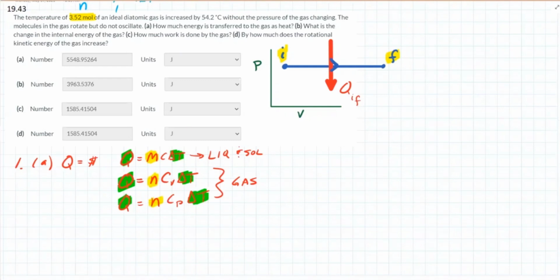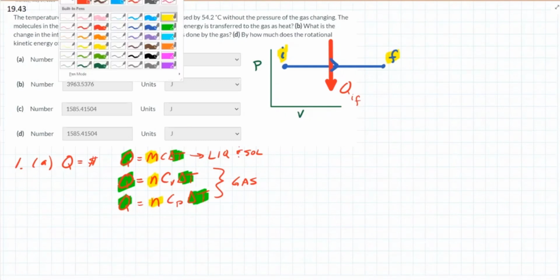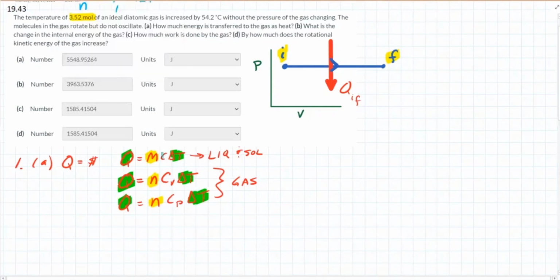And then in Q equals MC delta T, this C referred to temperature stubbornness, specific heat capacity. This was the lab you guys did on Thursday, the specific heat capacity lab. So instead of lowercase c, this is uppercase C_V, and this is uppercase C_P.